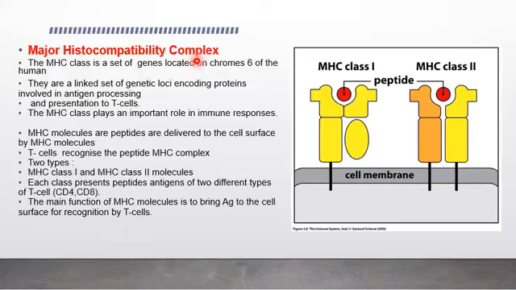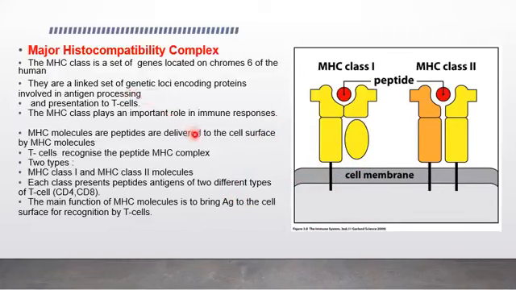Let's say the major histocompatibility molecules. MHC, or major histocompatibility complex, is a set of genes located on chromosome 6 of the human.